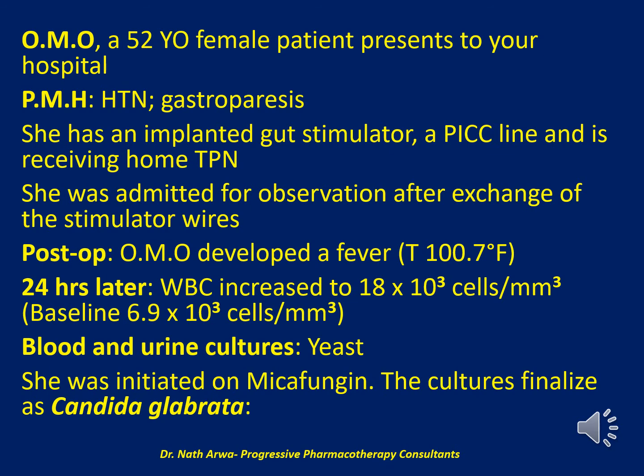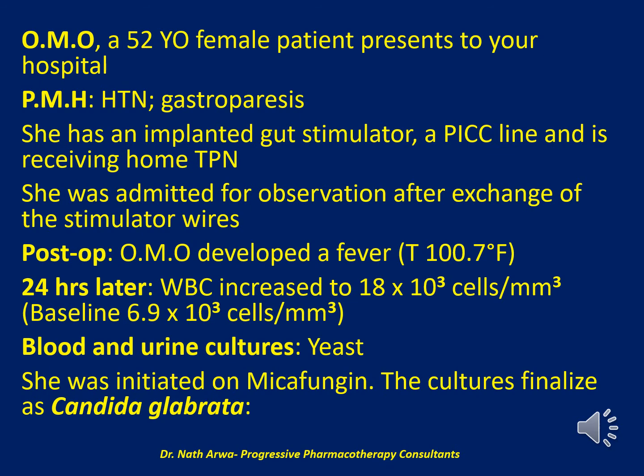Post-operatively OMO developed a fever, with a body temperature of 100.7 degrees Fahrenheit. 24 hours later, her WBC had increased to 18 times 10 to the power 3 cells per cubic millimeter. At baseline her WBC was 6.9 times 10 to the power 3 cells per cubic millimeter.